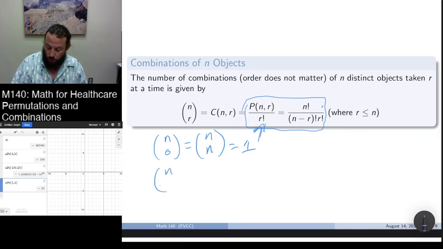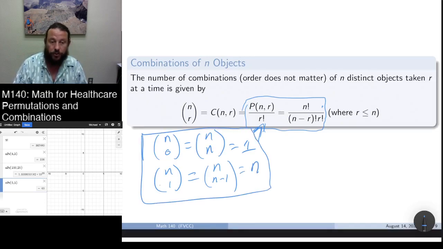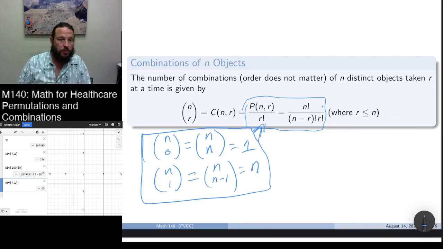And n choose 1 equals n choose n minus 1. Right? If I'm reaching in a bag with n things and I'm pulling out one at a time, how many ways could I do it? There's n ways. There's just the n different things. All right, and these equal n. These are really helpful to memorize or have written down while you're doing your homework. It saves some typing, of course, you can type them all in Desmos, but sometimes it saves the typing there.